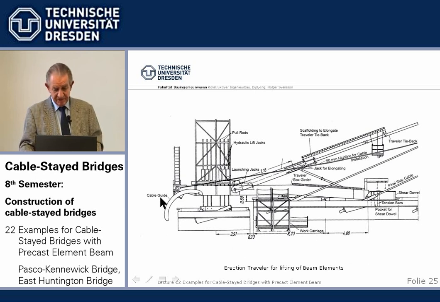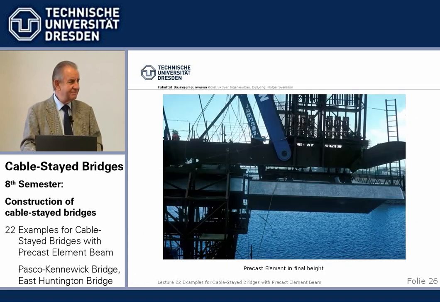And here we see a cable guide. Once the element is installed, we pull up and install the stay cables here. And there's a hydraulic jack at the bottom here with which, after the element is in, we can move forward and do the next one. Looks a little bit complicated, is it? But it worked very well.